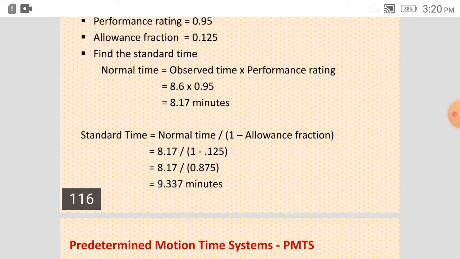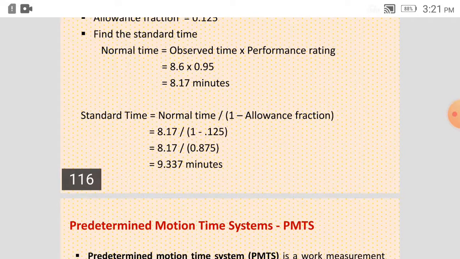So we can broadly say that the normal time is nothing but the observed time into the performance rating. Then the standard time is normal time plus allowances.